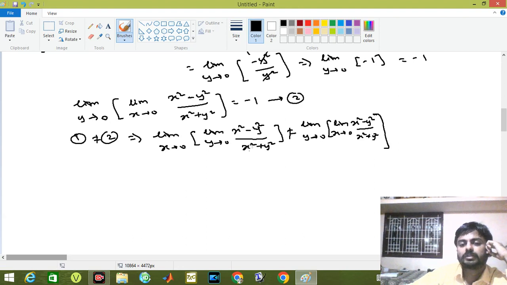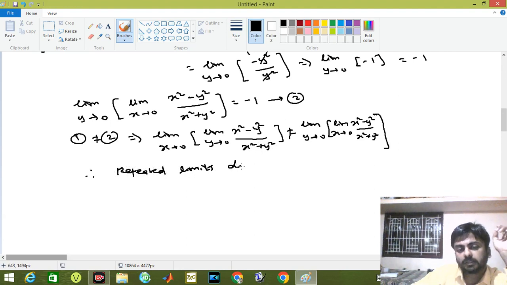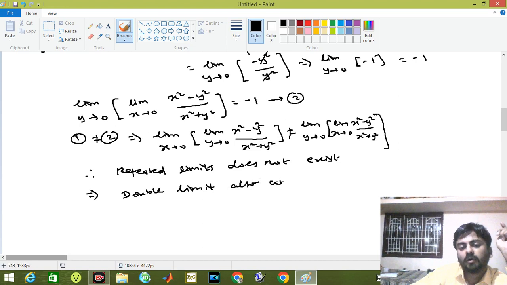So here these two are not equal, which means, therefore, repeated limits do not exist, which implies the double limit also will not exist.